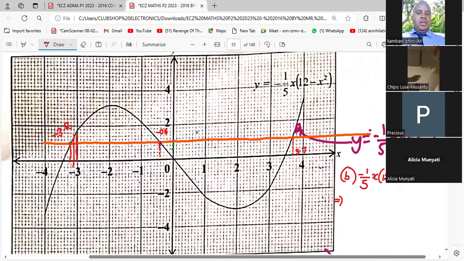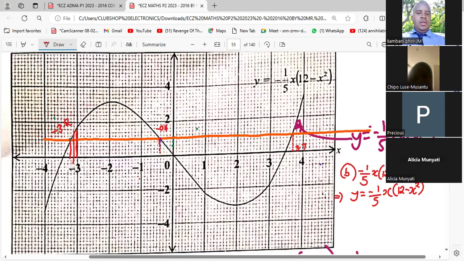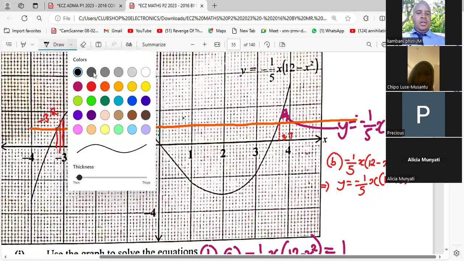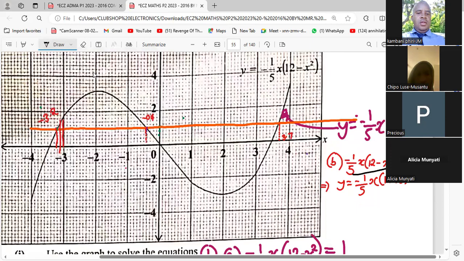So every graph, if you look at the graph itself, has the equation y is equal to -1/5 x (12 minus x squared). We compare the equation on the left and this one. If they are the same, that's what we have been saying.